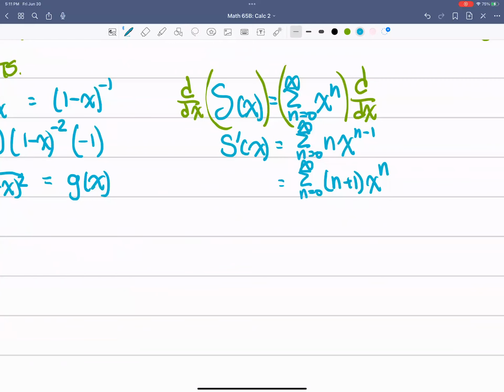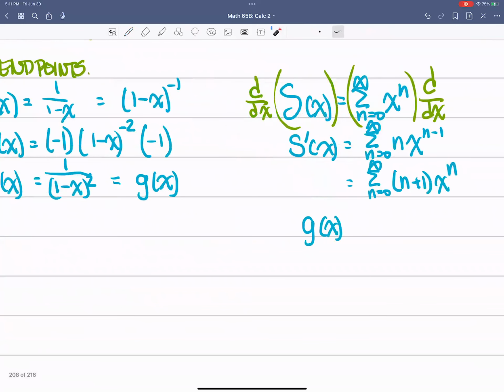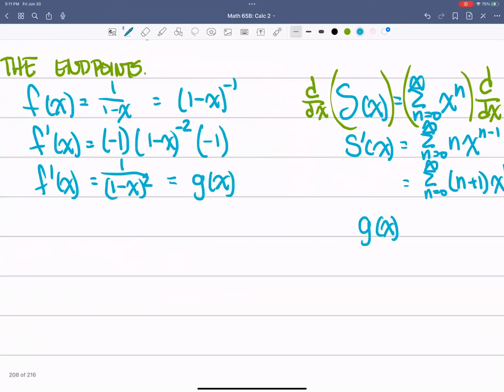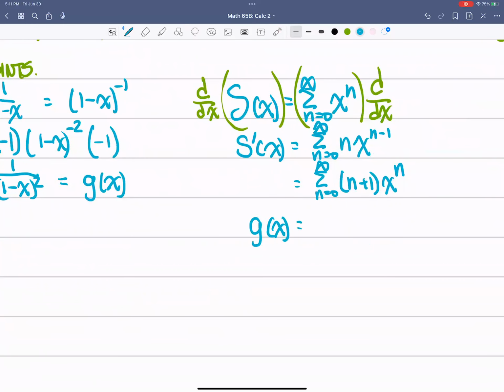So now what we could do from here is state that g of x, since it's the derivative of f of x, this sum is the derivative that came originally from f of x. We could state g of x as being this right here.